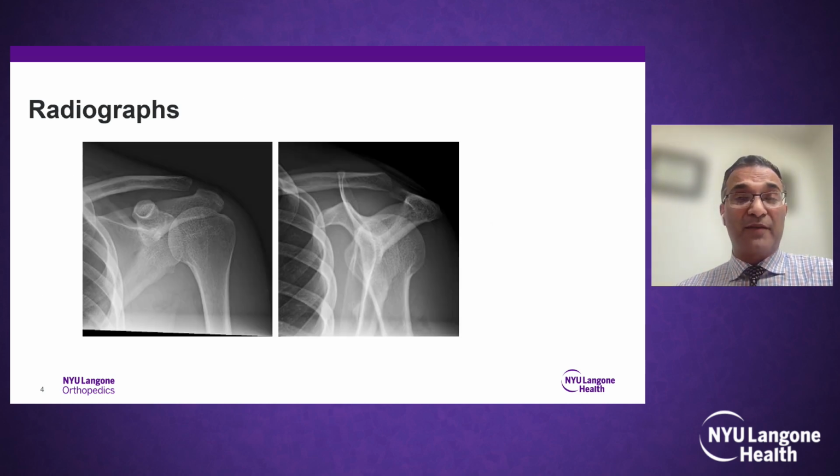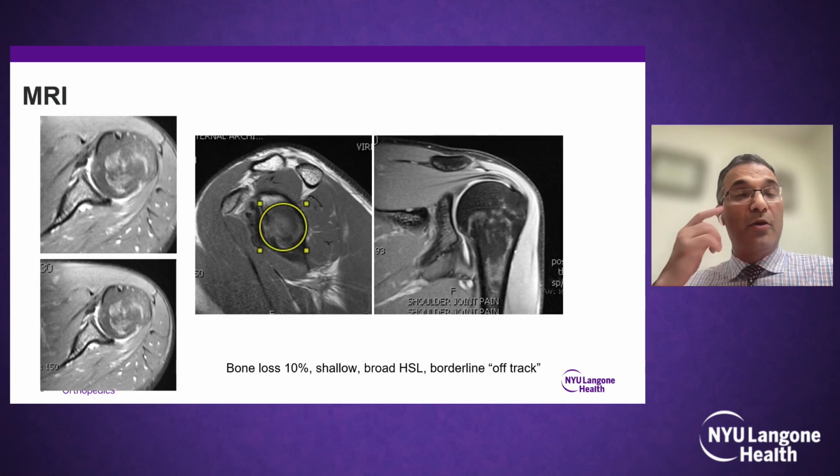Patient brought in the radiographs, AP and scapular Y view, and the radiographs are shown here. Did not see much anterior glenoid bone loss. He also brought in an MRI.